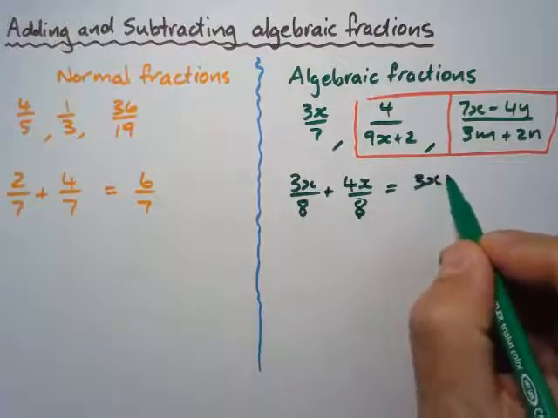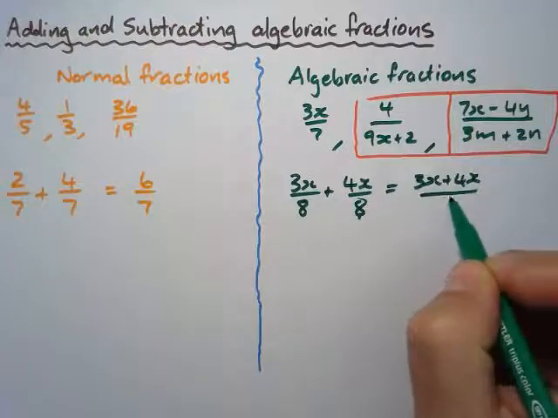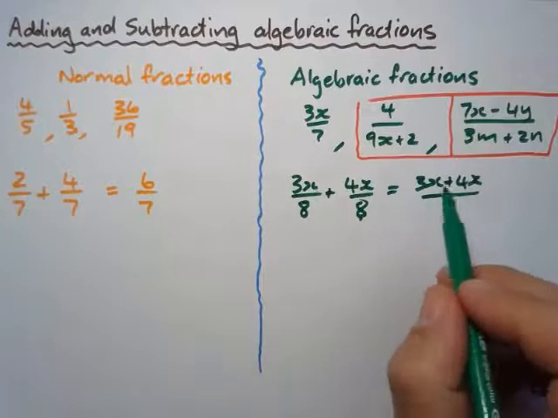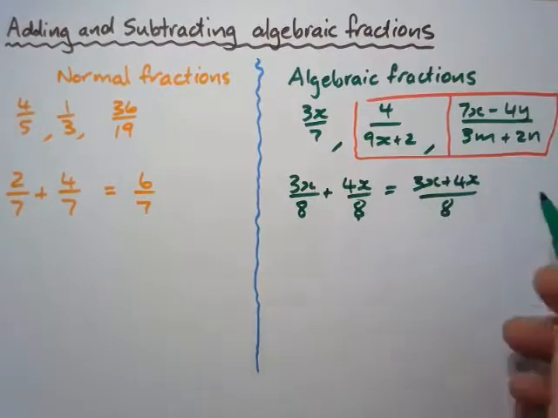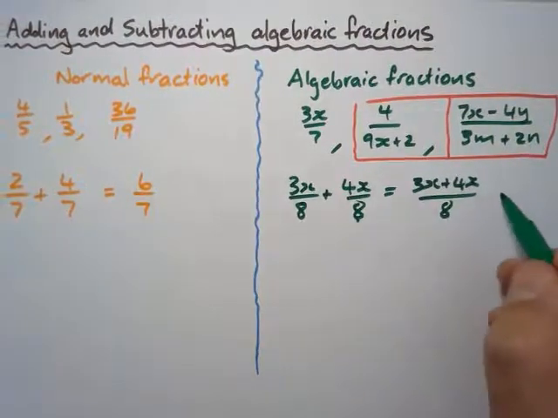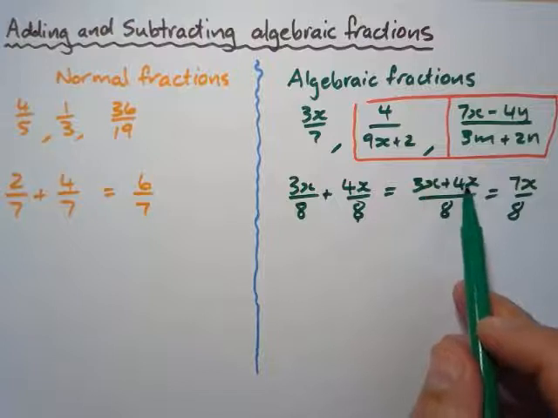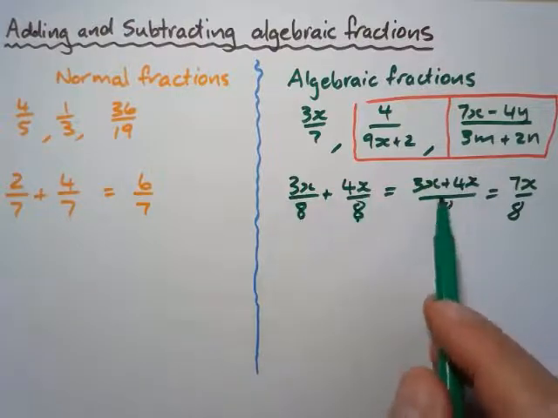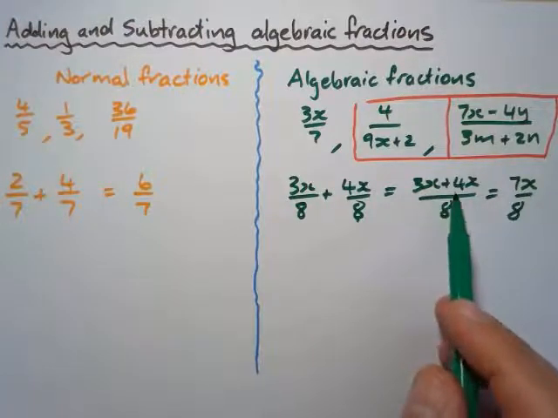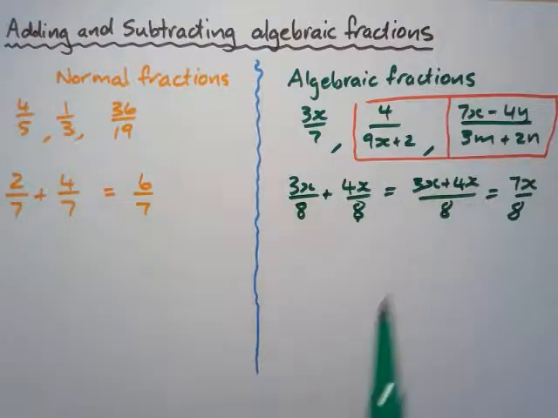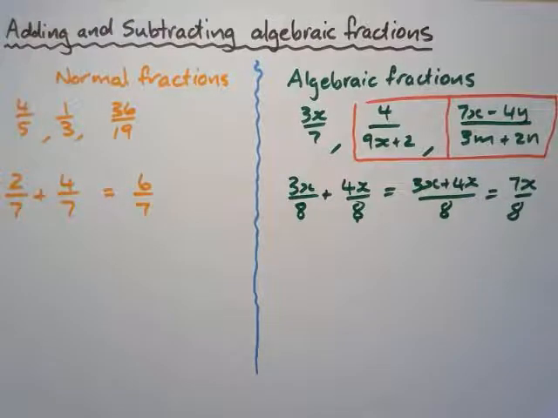I'll just say 3x plus 4x, and remember, if these are like terms, I can add them up. It becomes 7x over 8. However, if this was an m and an n, or an x and a y, remember you can't add 3x plus 4y because they're not the same, and that will be the simplified form. I think I'll do the next example using one of those.